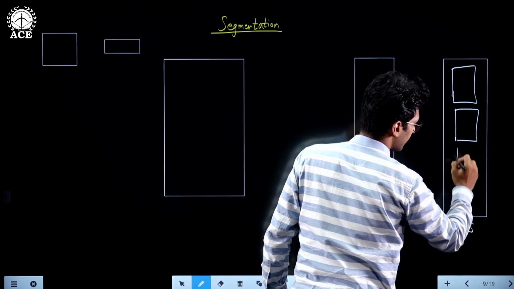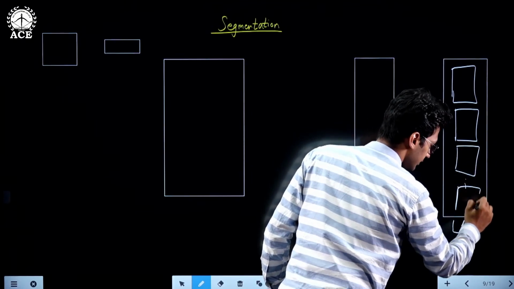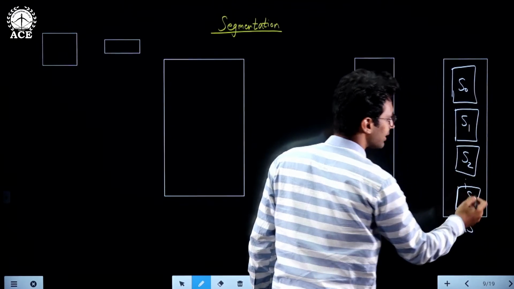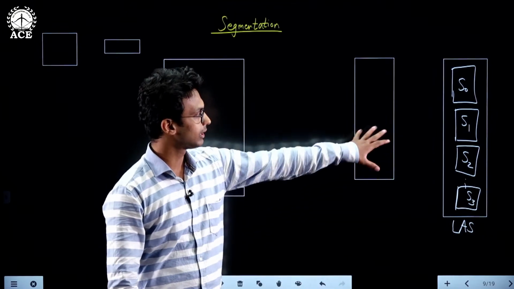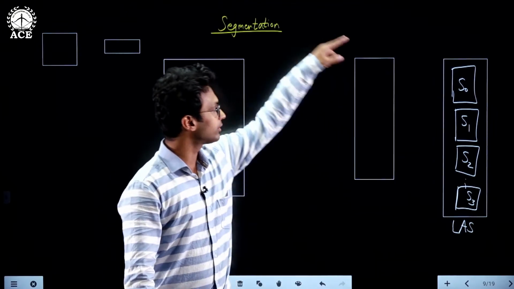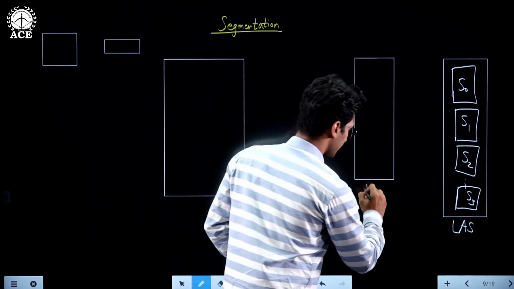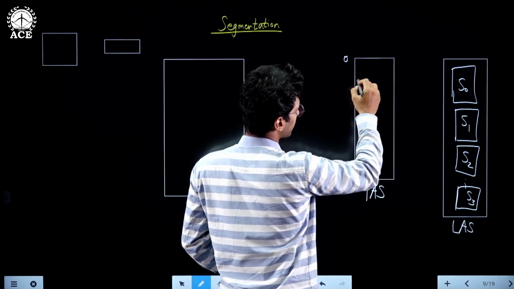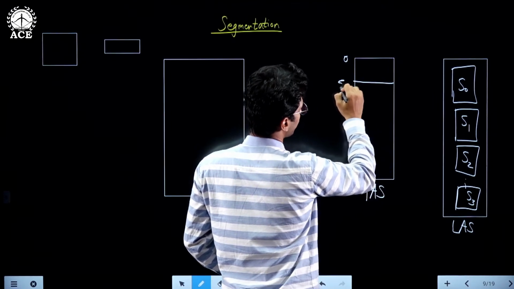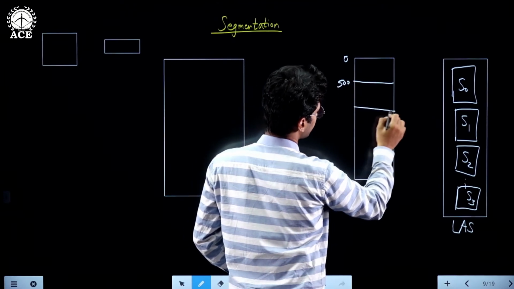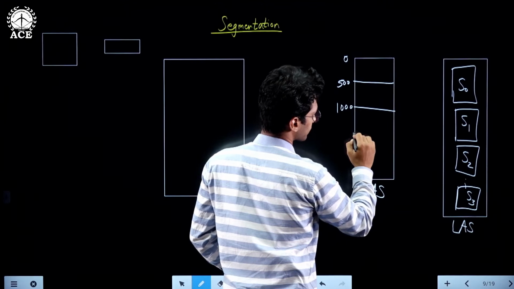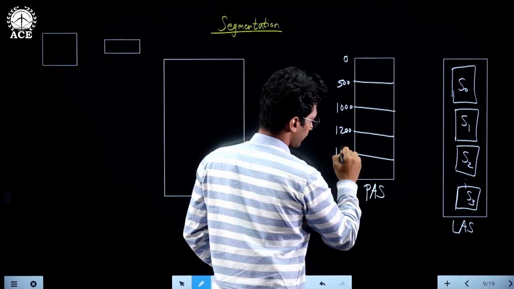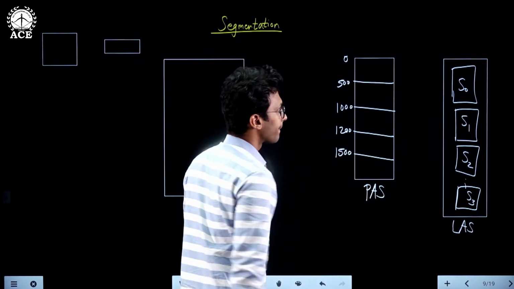I mean, there are segments in logical address space. These are segments. Let's say segment 0, segment 1, segment 2, segment 3, something like this. Just a quick glimpse of what is happening. We are bringing these segments from logical address space to physical address space. This is physical address space. Let's say base address 0, size 500, this one 1000, this one 1200, this one 1500, something like this.